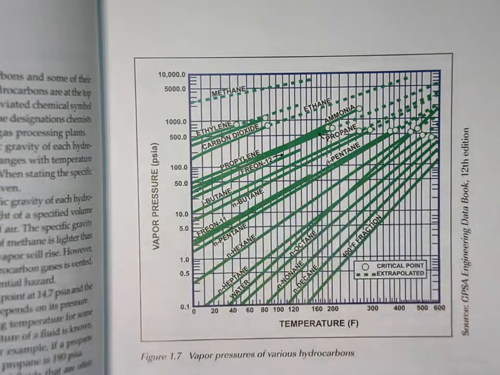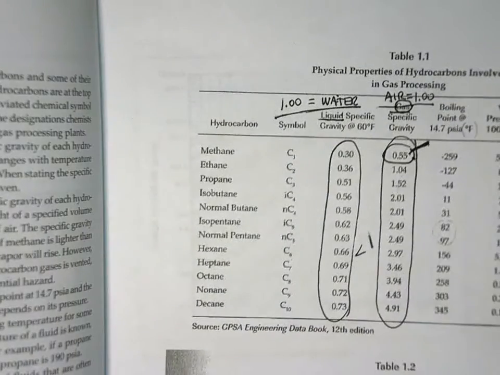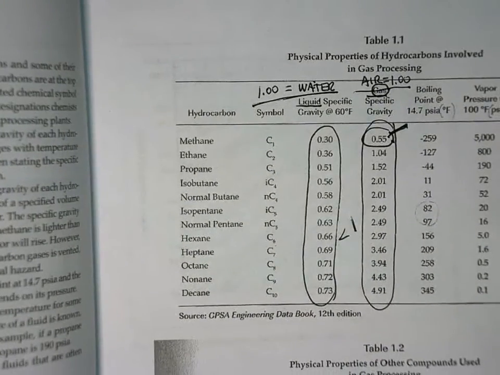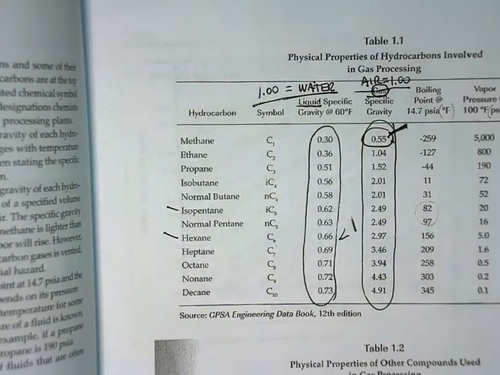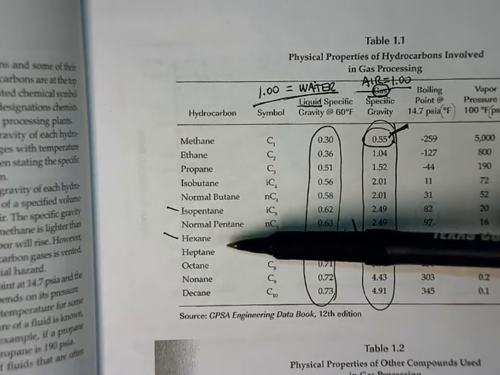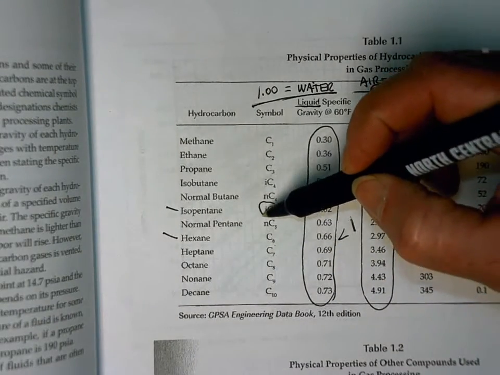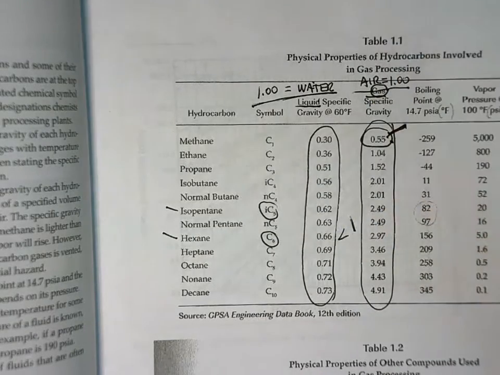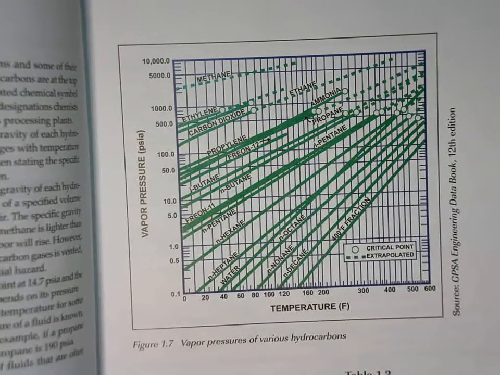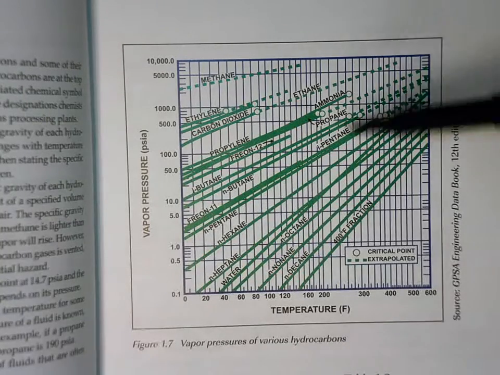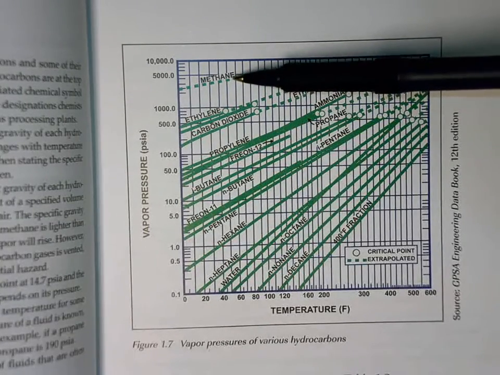Why is that? If you go back and look at this chart, we're comparing pentane and hexane. Pentane is more volatile than hexane because pentane is smaller than hexane. It's a smaller molecule. Smaller molecules tend to evaporate more easily than larger molecules. And if you look again at the chart on page 9, you'll notice that the smallest molecule has 1 carbon.